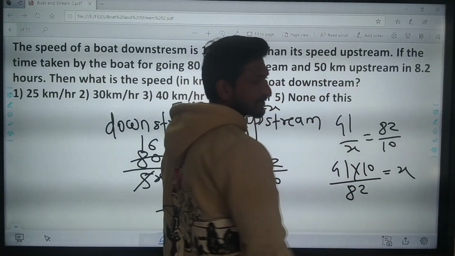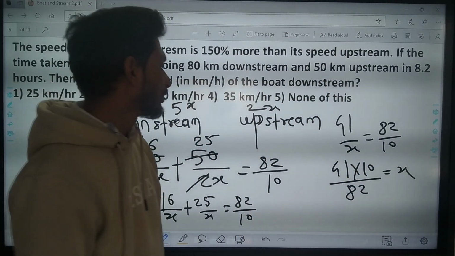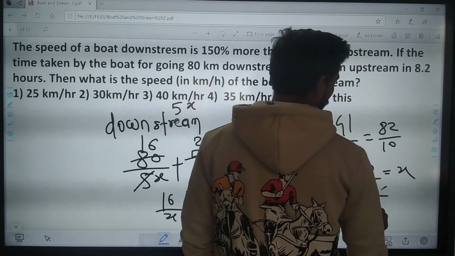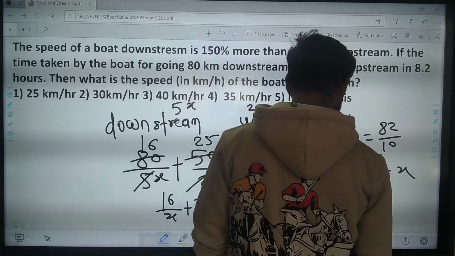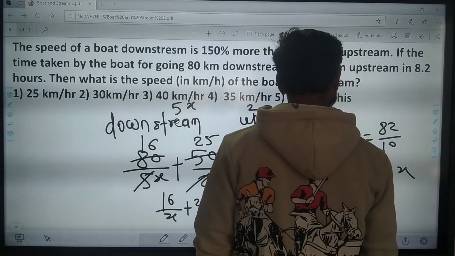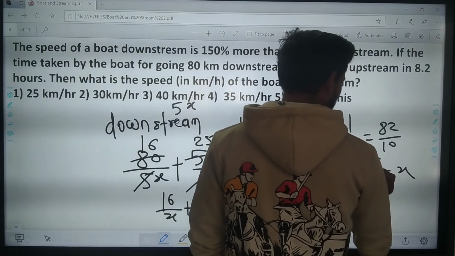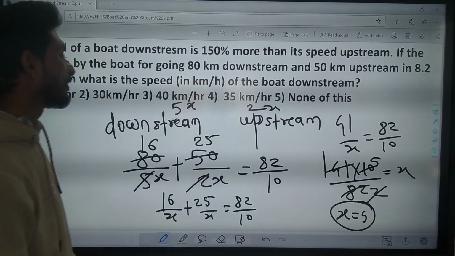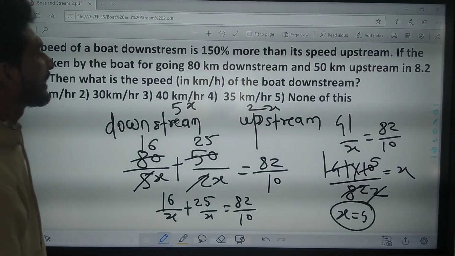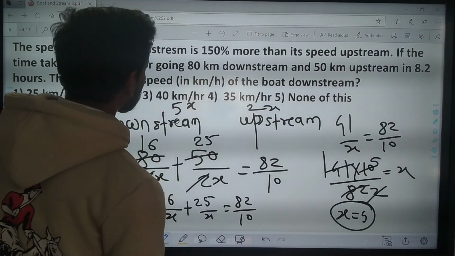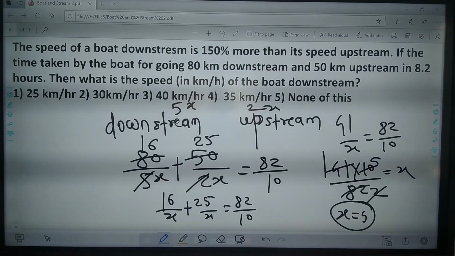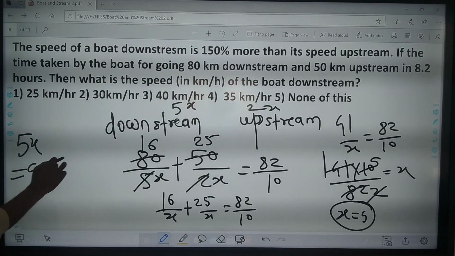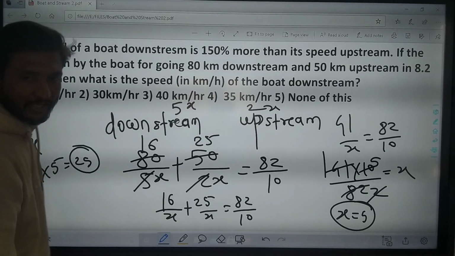Simplifying, the value of x is 5. Now put the value of x to find the downstream speed of the boat. 5x means 5 into 5, that is 25. Your answer is 25.